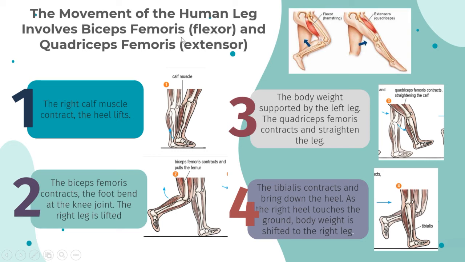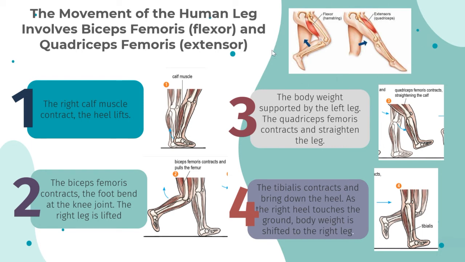Flexor means that the bicep femoris will cause the bending of the leg. So I repeat, the bicep femoris will bend the leg, whereas the quadricep femoris acts as an extensor, which will straighten the leg.